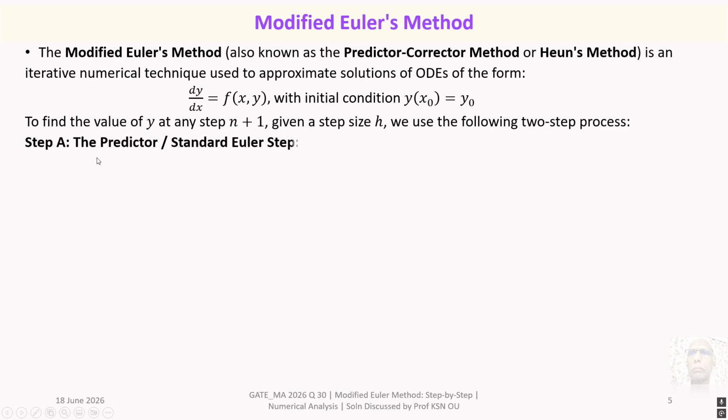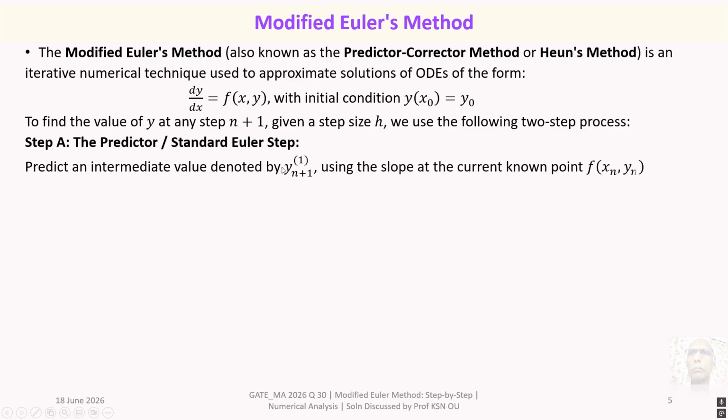we use the following two-step process. Step A, the predictor or the standard Euler step. Predict an intermediate value denoted by yn plus 1 superscript 1 using the slope of the current known point.